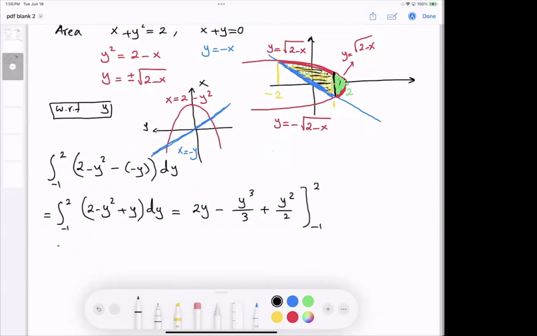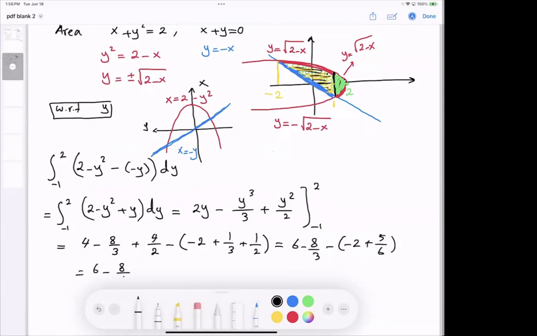So plug in 2, you get 4 minus 8/3 plus 4 divided by 2, minus, now plug in -1, you get -2 plus 1/3 plus 1/2, and the rest is pure algebra. You get 6 minus 8/3, minus -2 plus 5/6, which is equal to 6 minus 8/3 plus 2 minus 5/6, or you have 8.